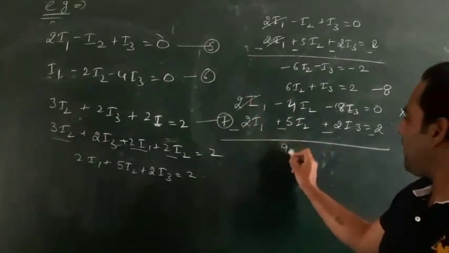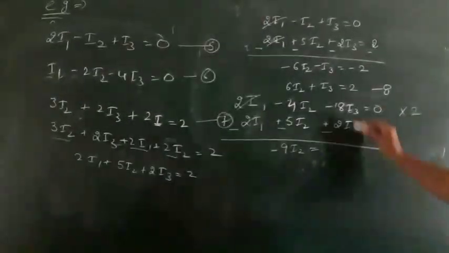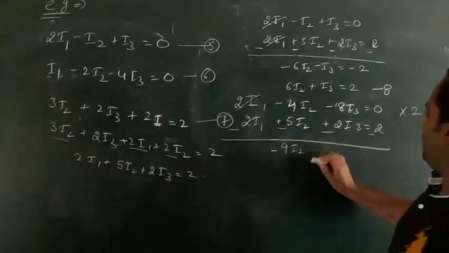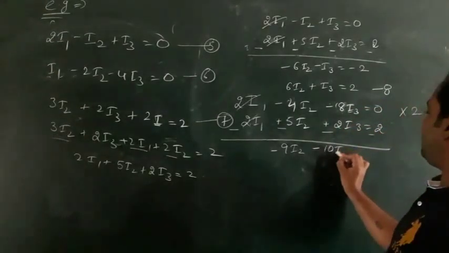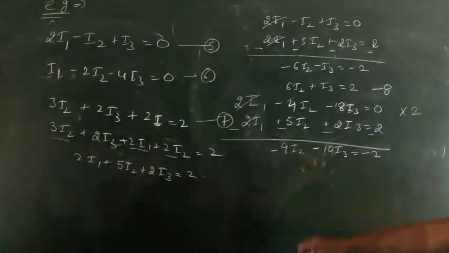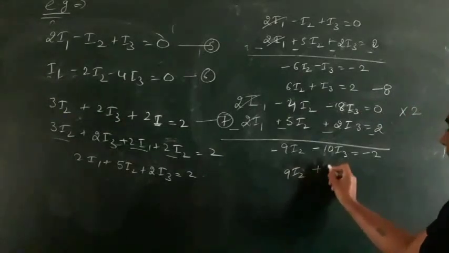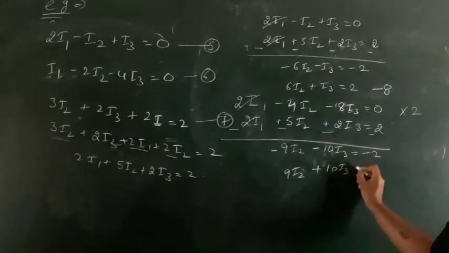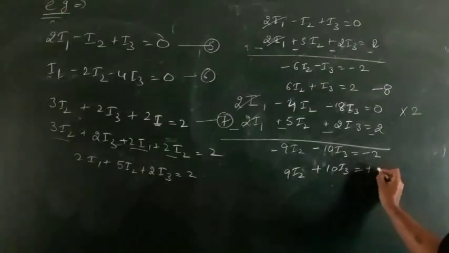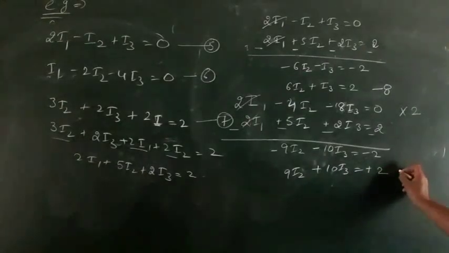Here comes out to be minus 9I2, and minus 8 plus 2, minus 10I3, is equal to minus 2. Again we will take minus common. Here comes out to be 9I2 plus 10I3 is equal to 2.